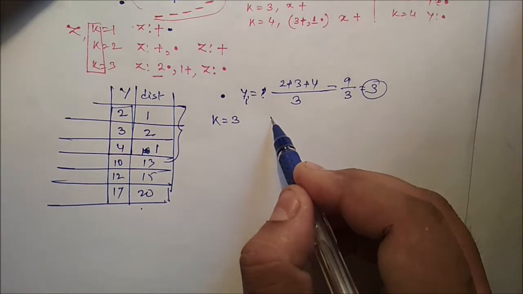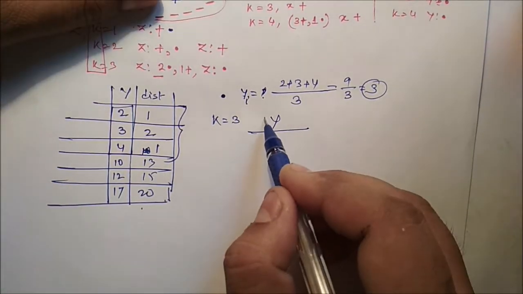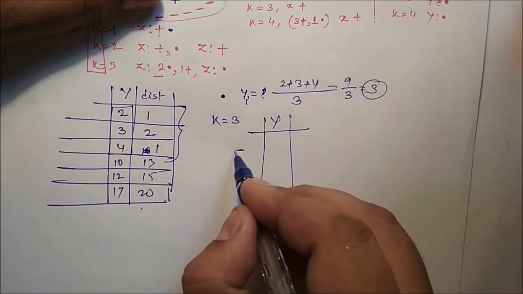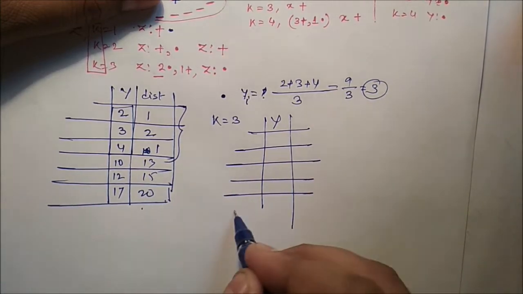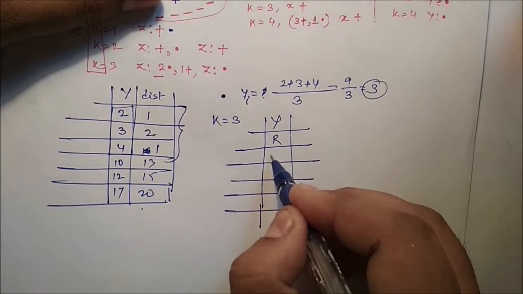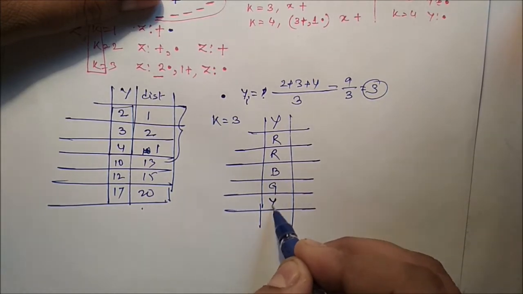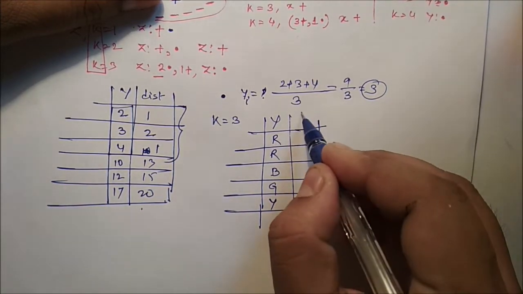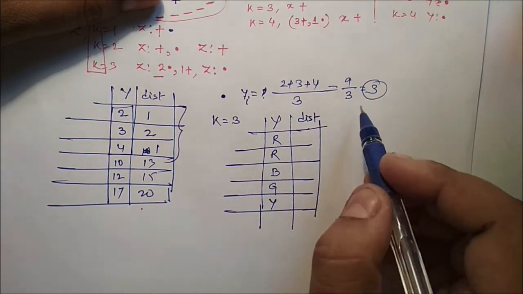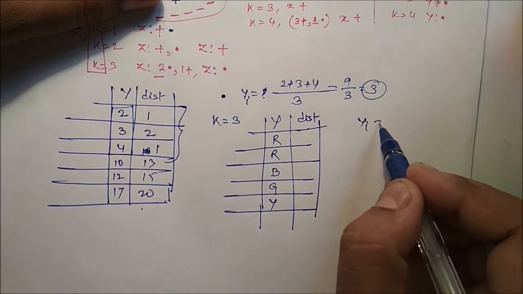Similarly, if the class levels are categorical, say red, red, blue, green, yellow. Definitely you have to calculate the distance first, between the data and the unknown variable yi.